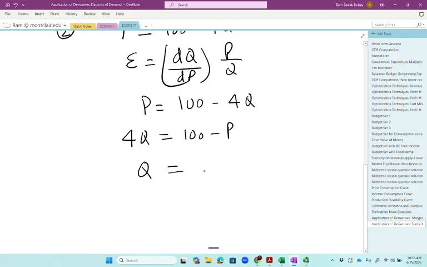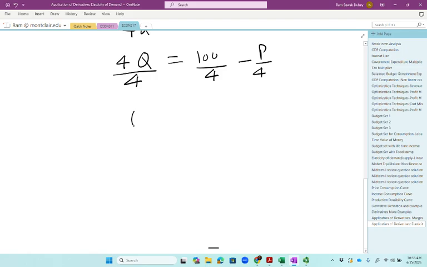So this gives me Q equal to, so now I will write it in full detail, 4Q over 4, 100 over 4 minus P over 4, so that we have Q on the left hand side exactly the way we want it to be. 100 over 4 is 25 minus P over 4.